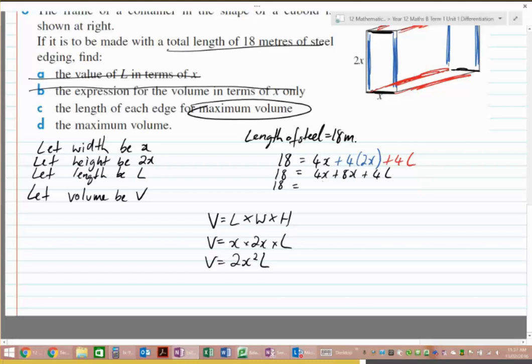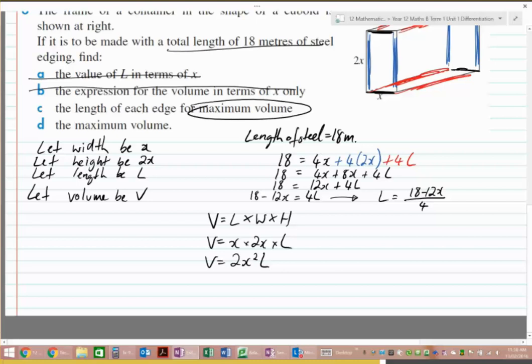I'll collect some like terms. I'll get my 12x to the other side. So 18 minus 12x equals 4L. And then I'll divide everything by 4. So L will be 18 minus 12x all over 4.